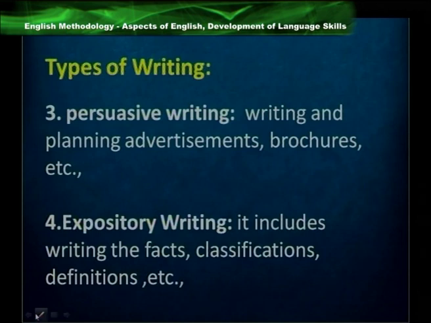And the next type of writing is called expository writing. Expository writing includes facts, classification, definition. For example, if you want to give a classification of animals or of living things, definitely complete clarity will be there by following the classification.